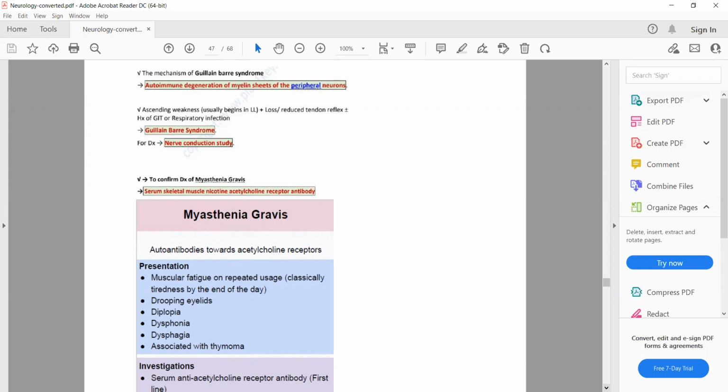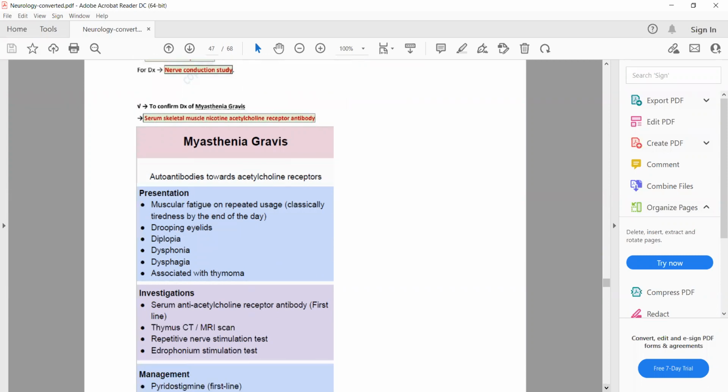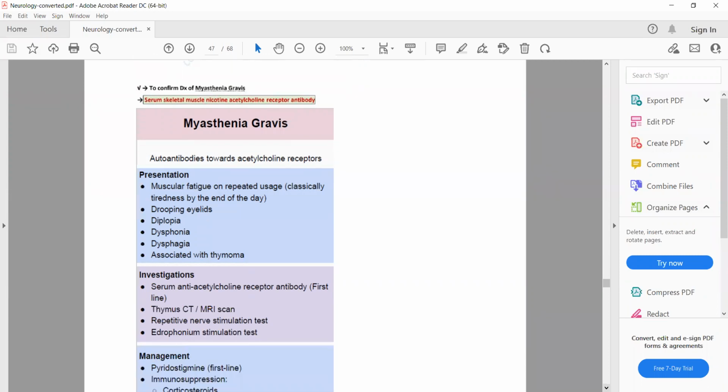With a positive autoimmune panel or positive acetylcholine receptor antibodies, the diagnosis is most likely Myasthenia gravis.